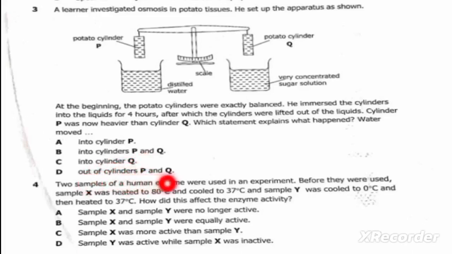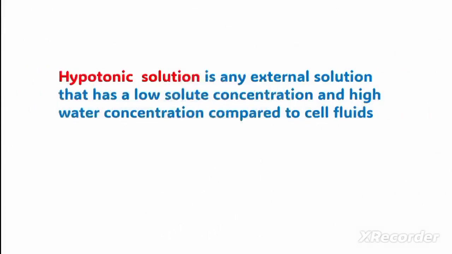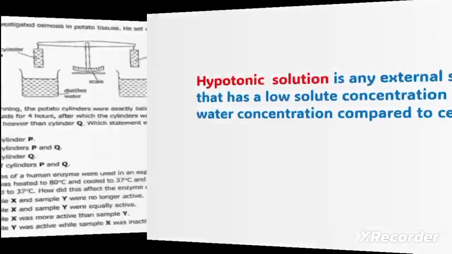So the first thing that we are going to do here is to understand these kinds of solutions given. The first solution, which is distilled water, is a hypotonic solution. A hypotonic solution is an external solution that has a low solute concentration and high water concentration compared to cell fluids.